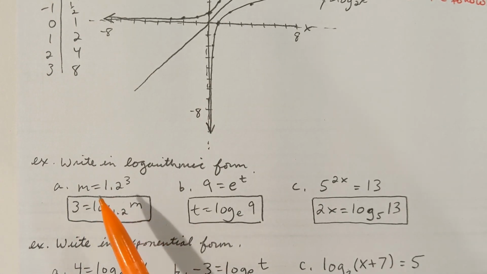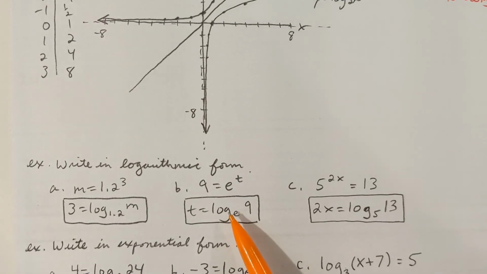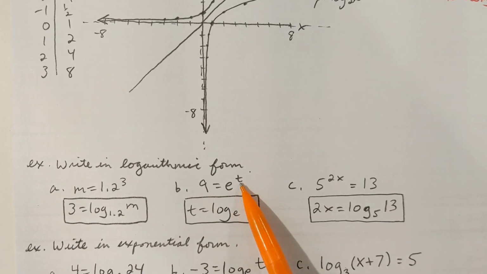That'd be my equation, but now rewritten into a logarithmic form. Part B, same deal. It looks like x is 9. The base is base e. Y is t. And so y equal log base a of x means that t equals log base e of 9.